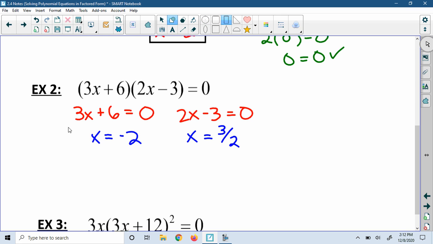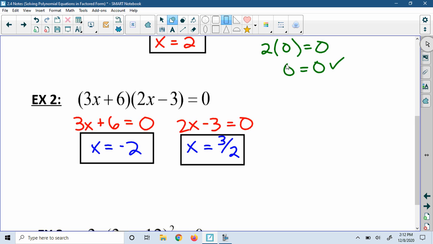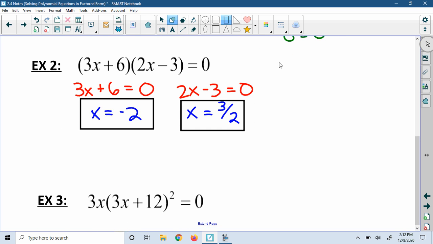So we have our two solutions for x. If you're ever not 100% confident that you did it right, feel free, plug in the answers, check them, just like I did on example 1. I'm not going to require that you do it, but it's always an option for you.